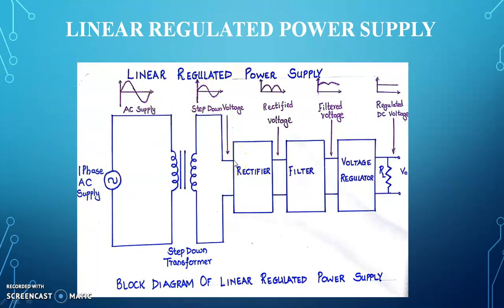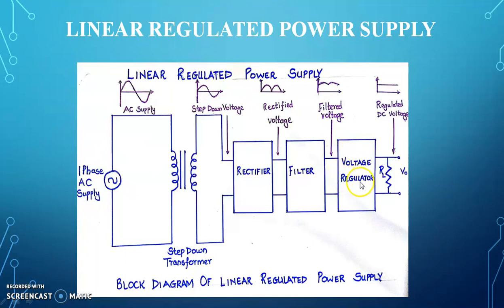The rectifier converts an AC signal into a pulsating DC signal. We have many types of rectifiers, that is half wave rectifier, full wave rectifier or bridge rectifier. Generally, a bridge rectifier is more preferred. The pulsating DC signal is given to the filter, which removes the ripples, and we get unregulated DC voltage at the output of the filter.